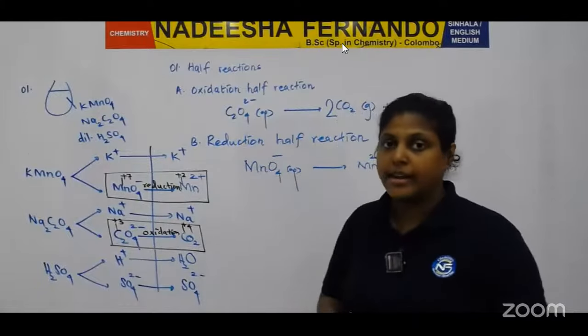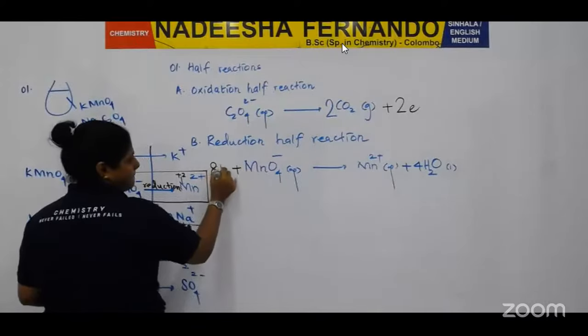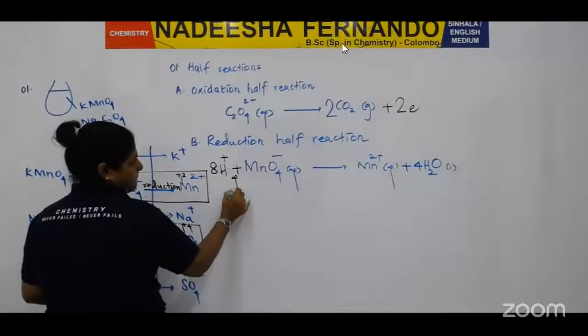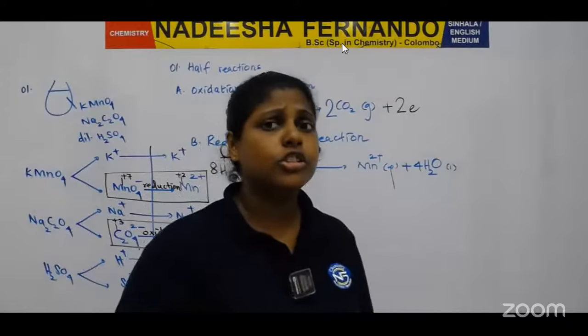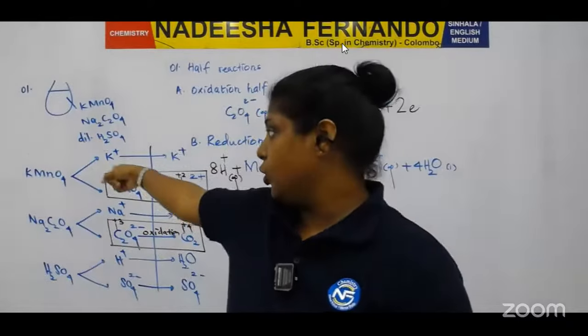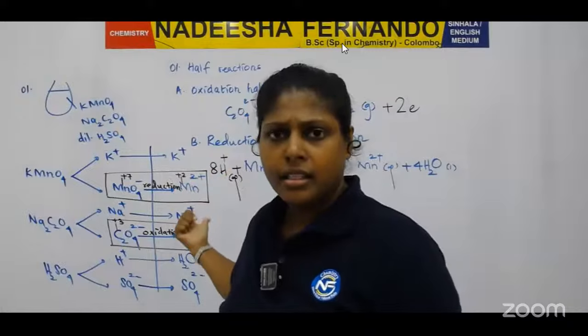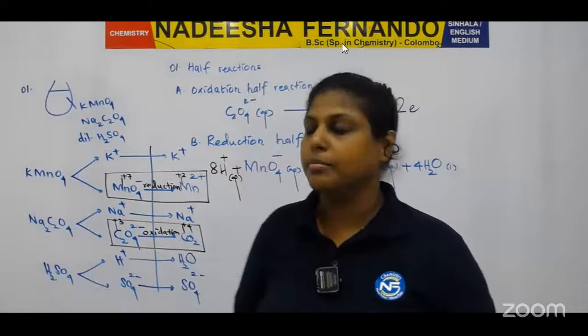Therefore, we need to add 8 H plus to the reactant side. H plus can be added only for solutions in acidic medium. Diluted H2SO4 is there. Therefore, this reaction takes place in acidic media.